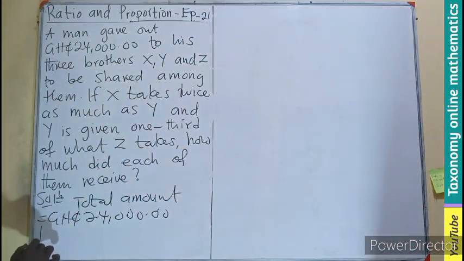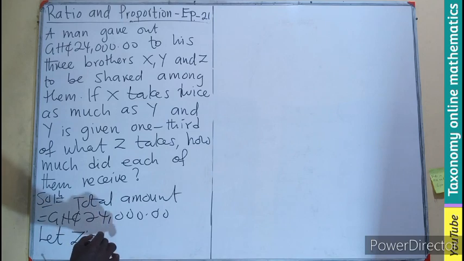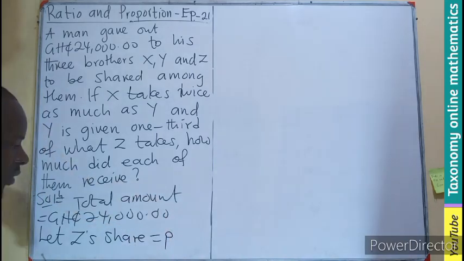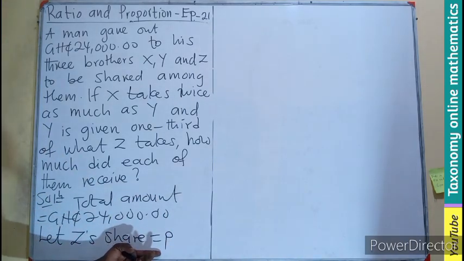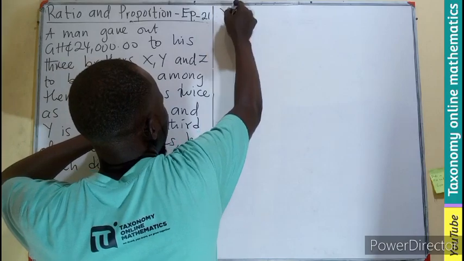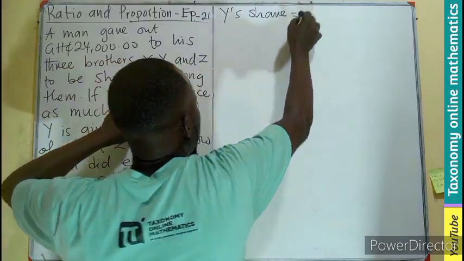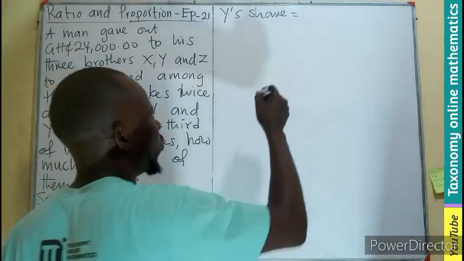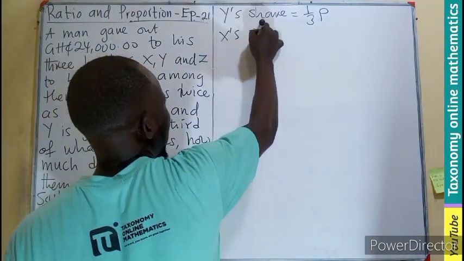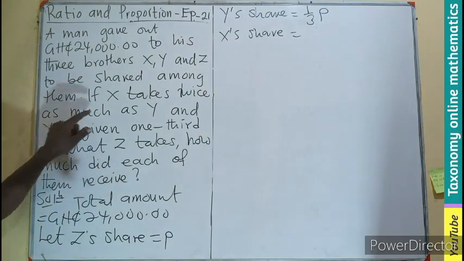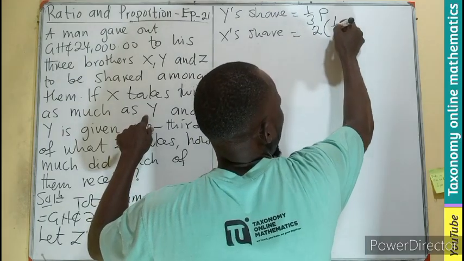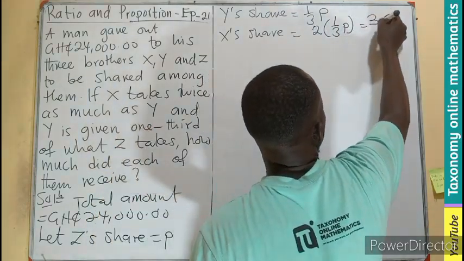So let the Z share equal P. Then the Y share becomes 1/3 of this, which is 1/3 times P. Then our X share is twice as much as Y, so 2 times 1/3 P will become 2/3 P.